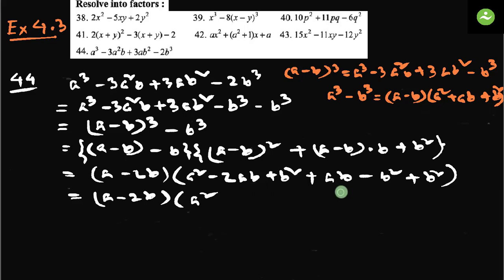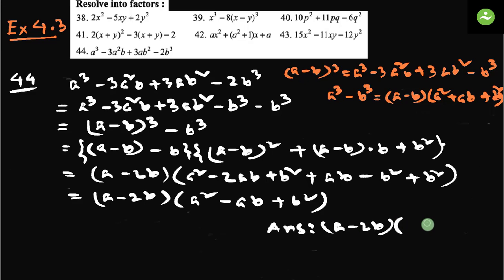And how many ab? Minus 2ab plus ab means minus ab. How many b square? This plus and minus gone, and only 1 left, plus b square. And that is the answer. Answer is (a minus 2b) into (a square minus ab plus b square).